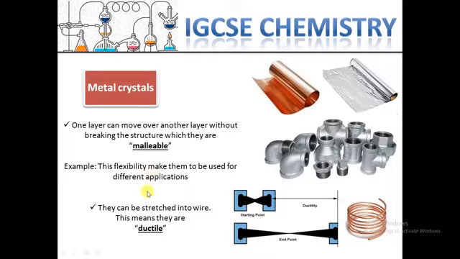Also, metal crystals can be stretched. Like here, you can stretch the metal and make a wire. This property is ductile. We say ductile, that you can stretch, you can pull the metal and make a wire.